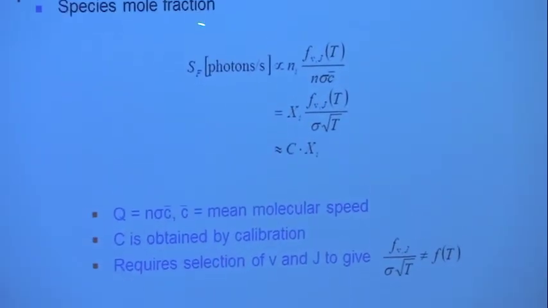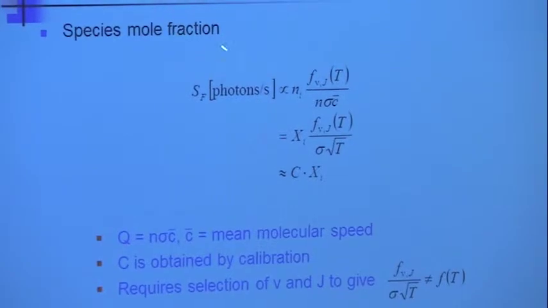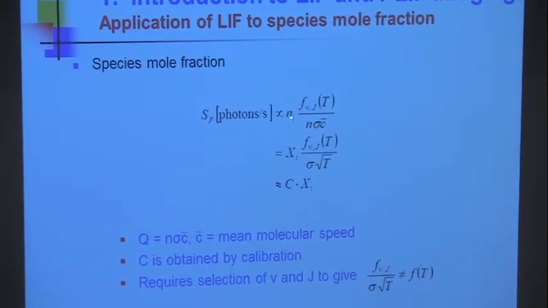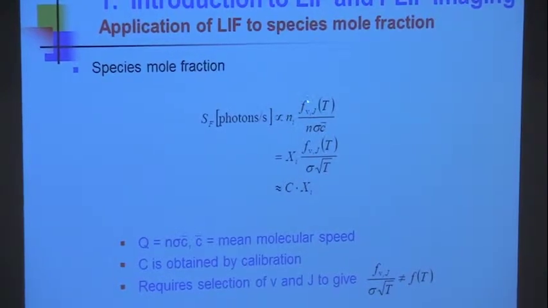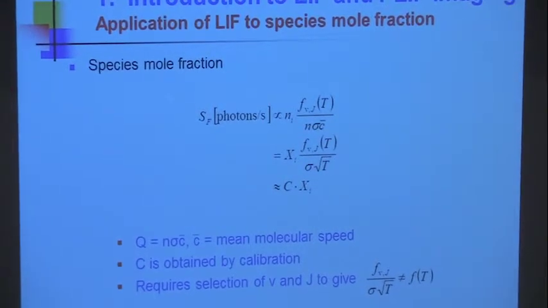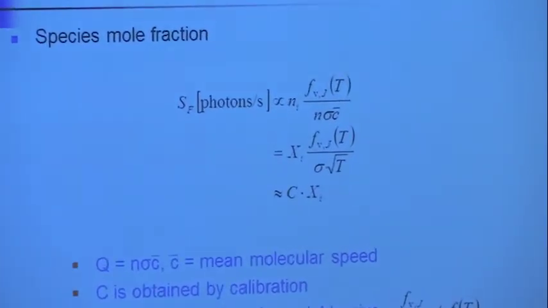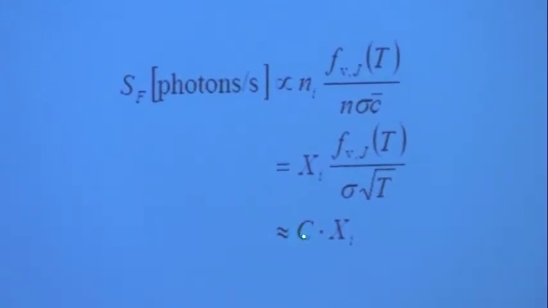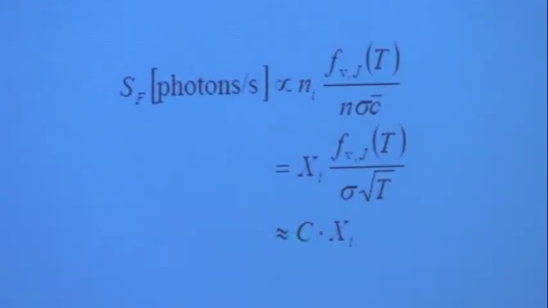So if you're after the mole fraction, we can write this now in terms of the number. Remember, we have all the constants except the number density of the species and the Boltzmann fraction, which depends upon T. So if you know T, okay, but if you don't know T, we can write this Q as a collision frequency, even though we do not yet know the cross-section. And when you do that, you can show that the signal in photons per second is proportional to some constants and the mole fraction.